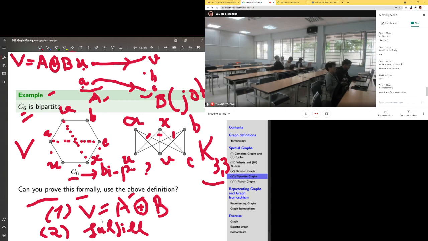For the C6 here, you see that the connection between A going to U and V has degree of only number 2, you see? For the C6, only number 2. You see here, one connection to this and one connection to that. And that is the general bipartite. For the complete, that means the degree must be maximized. Okay?